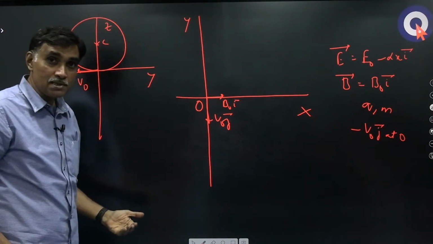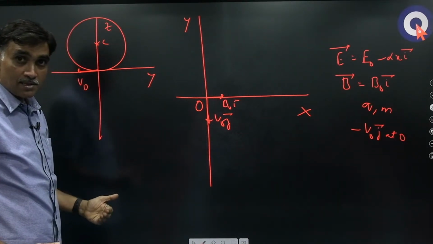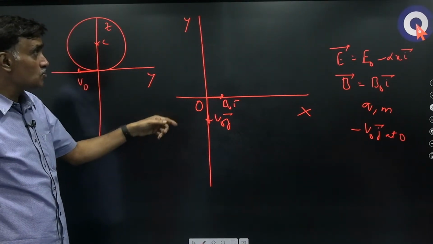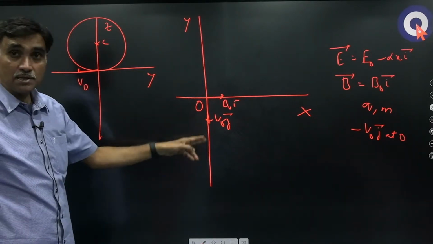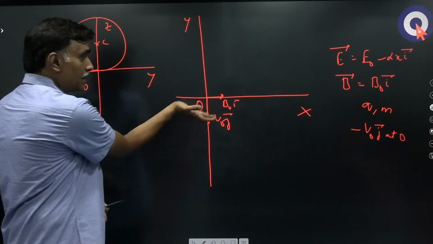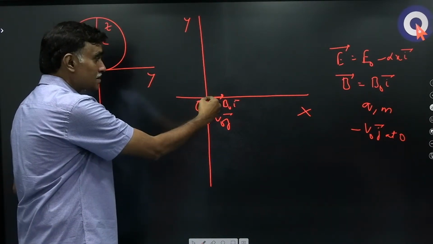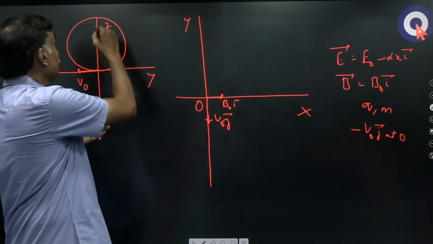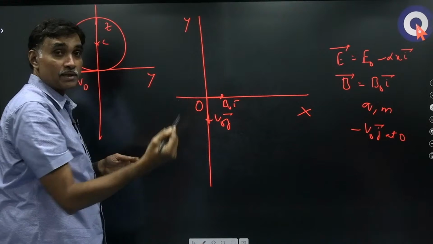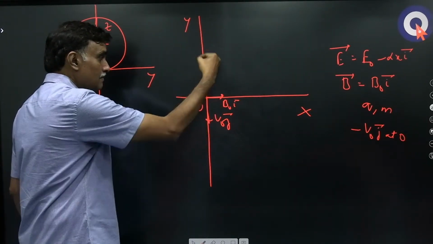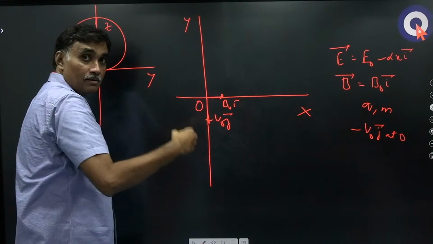So velocity is like this, magnetic field is like this, and the force is in this direction. It will be moving in a circle like this. This is the positive z axis. So it moves in a circle in the YZ plane.